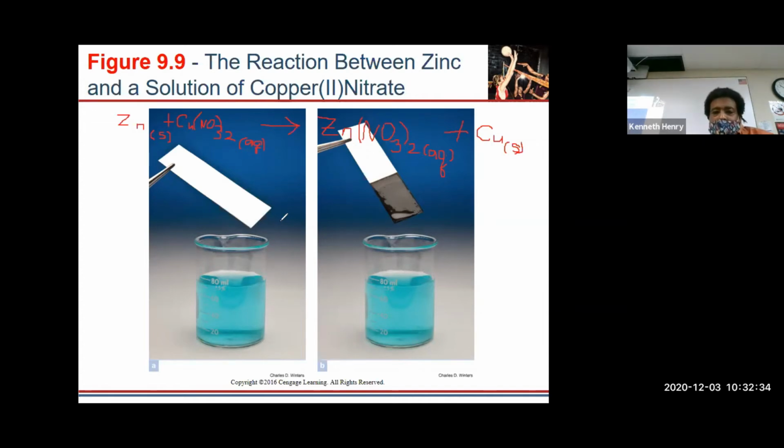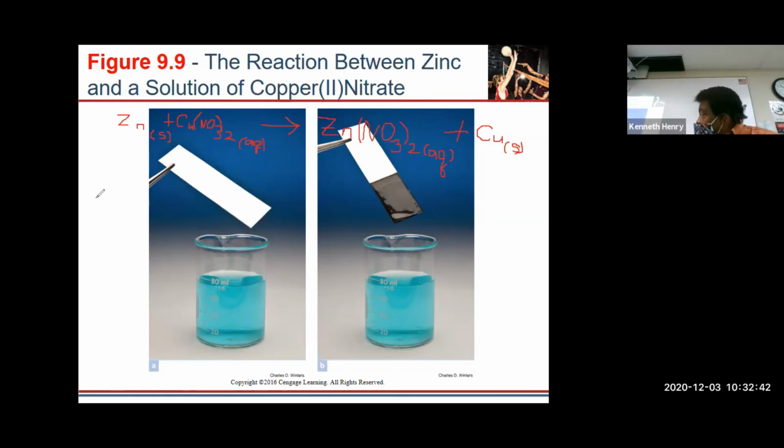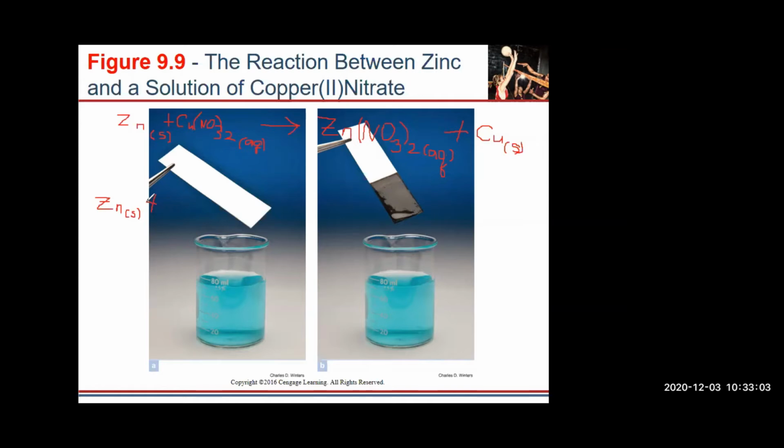So what about our total ionic equation? You just drop the Zn as it's the same. Okay. And then you split up the Cu with the positive 2 charge, and it's aqueous.